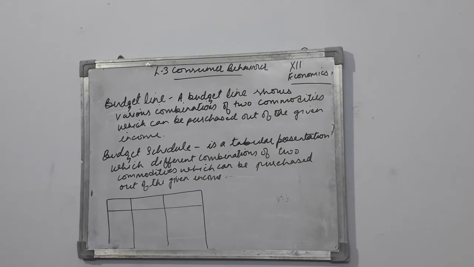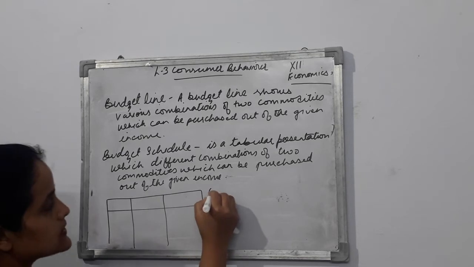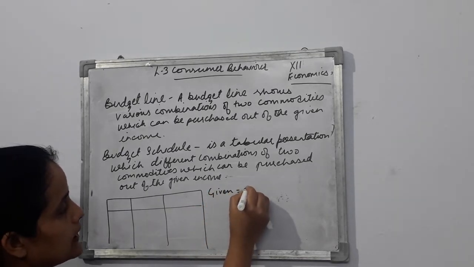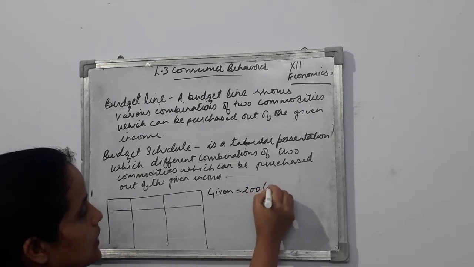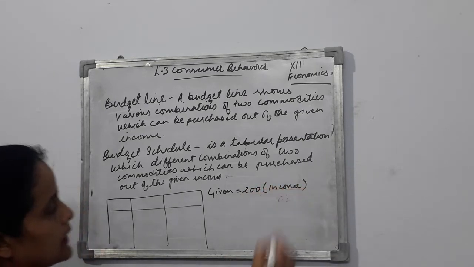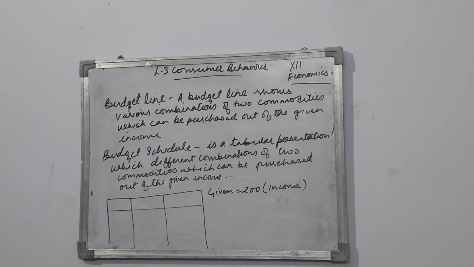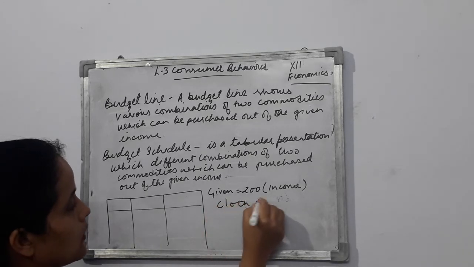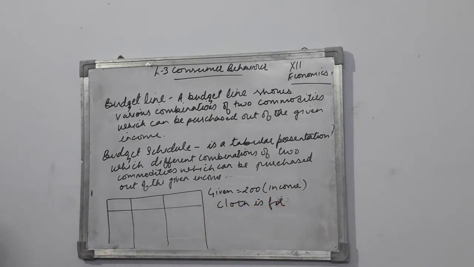Before drawing the schedule, the given points are these: the income you have is 200. This is your income. The income you have is 200, okay? And the two commodities: cloth and food. What is the price for cloth?